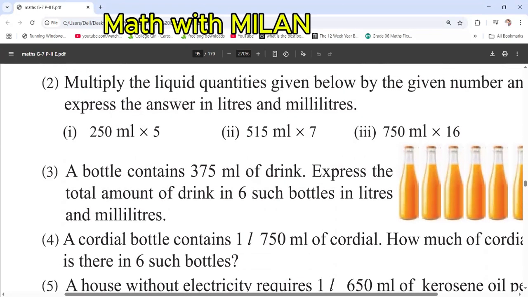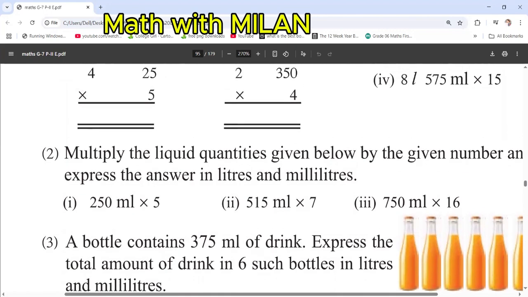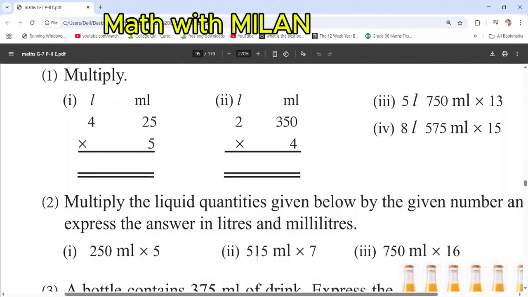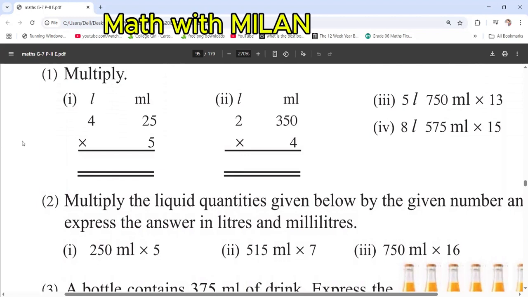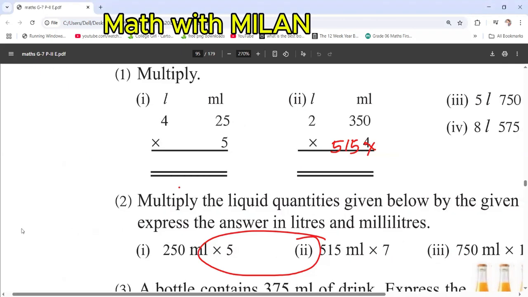When you have only milliliters to be multiplied, I will go with this example, 515 multiplied by 7, right? When you have this kind of thing, you have to do it like this.